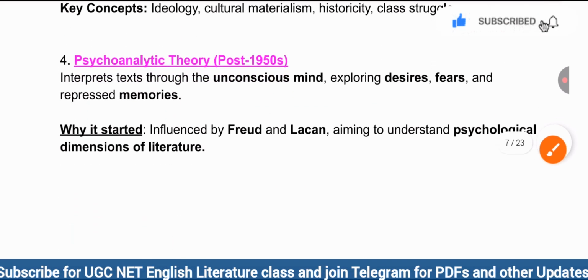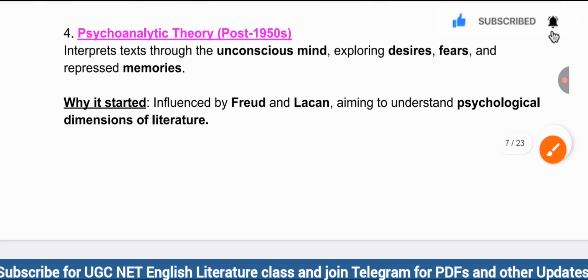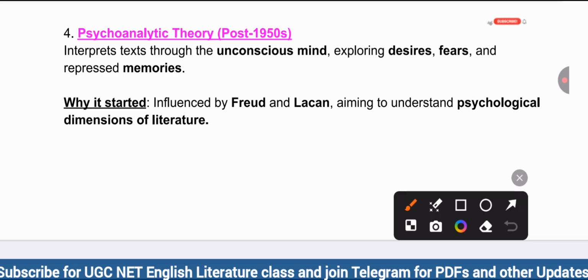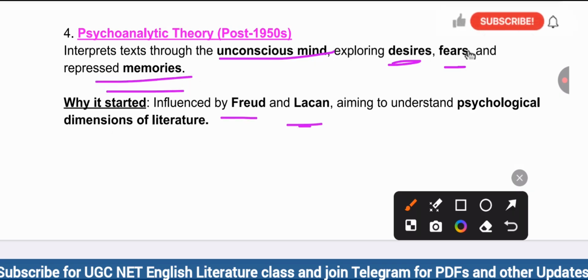Now, another one we have is psychoanalytic theory, which dates from the 1950s. Psychoanalytic theory is related to psychology, your mind, the character's mind. It interprets text through the unconscious mind, exploring desires, fears, and repressed memories. It started with Freud and Jacques Lacan, who aimed to understand the psychological dimensions of literature.